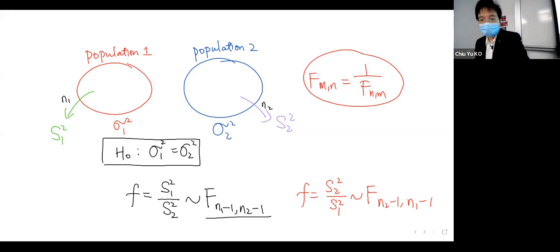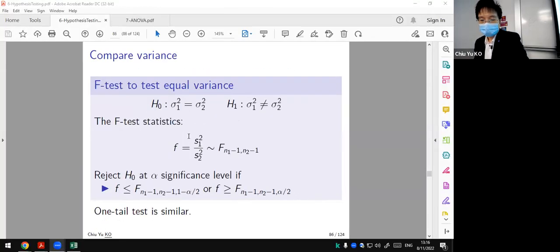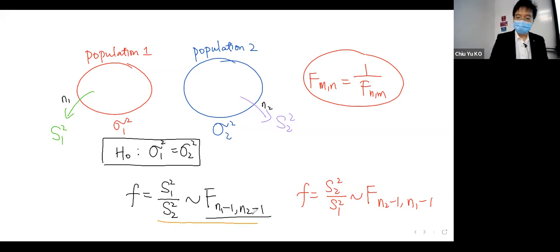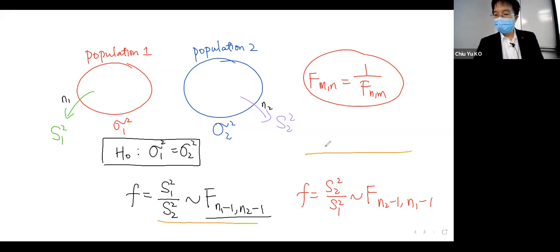Now I guess this gives you enough preview. The only thing that complicates this is that F by itself is not symmetric. Compared to the T, which is very simple, F usually looks like an asymmetric shape like that.